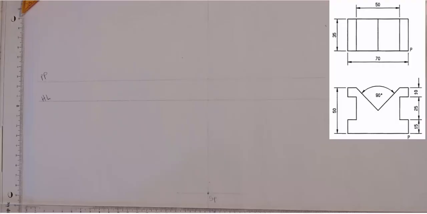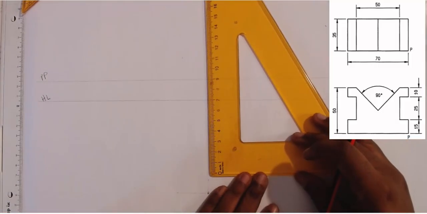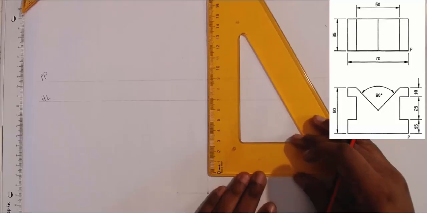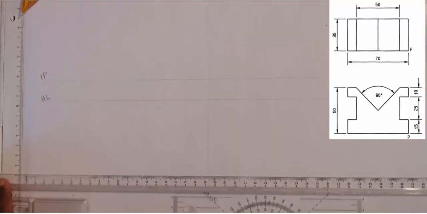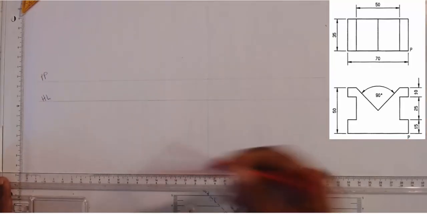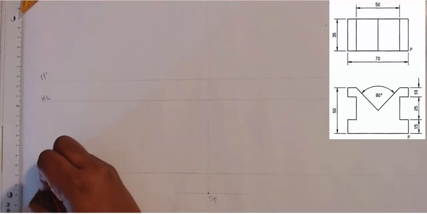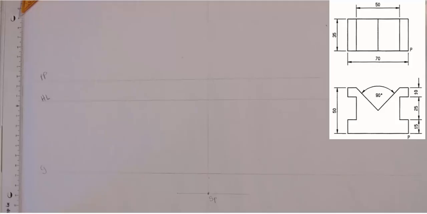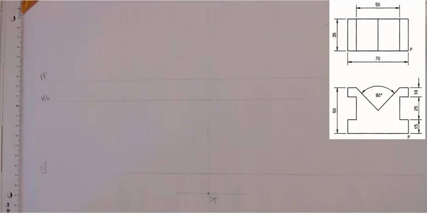And then they're talking about 70 millimeters from the horizontal line to the picture plane. Not picture plane, to the ground, sorry. To the ground plane. Right. So those are the important lines that we need.